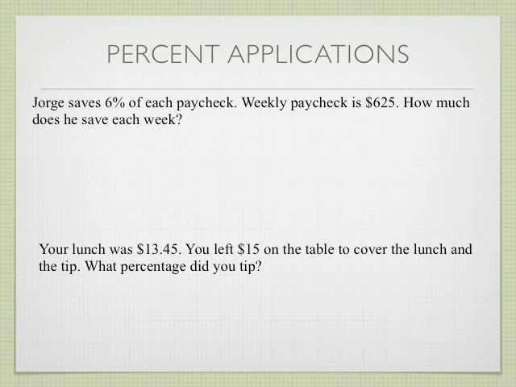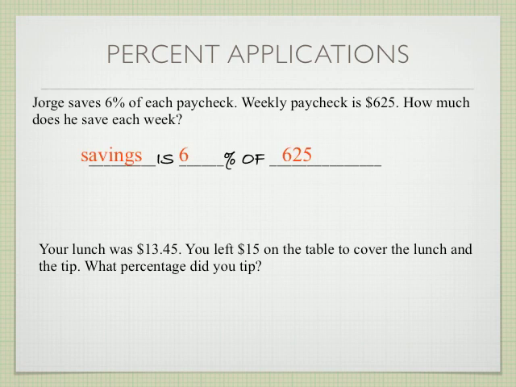Jorge saves 6% of each paycheck. His weekly paycheck is $625. How much does he save? Blank is blank percent of blank. Okay, well we see right there 6% of each paycheck. So we can put 6 in the percent blank and the paycheck after the word of. 6% of paycheck, and the paycheck is $625.